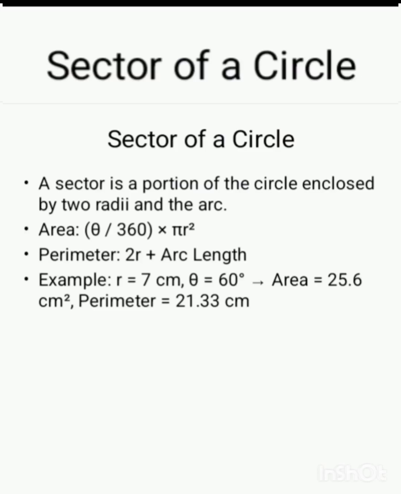Starting with the area, since we know the formula for the area of a sector is theta over 360 times pi r squared, we have 60 over 360 times pi times 7 squared. Putting together, we have 25.6 centimeters squared.